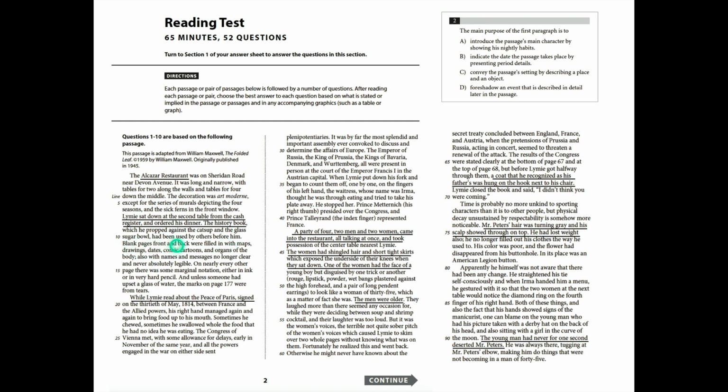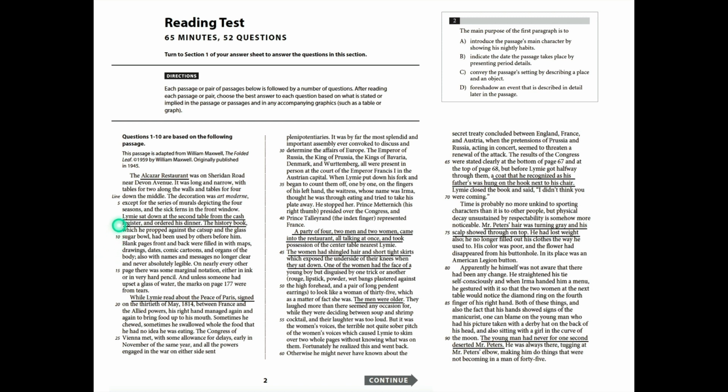"Blank pages front and back were filled with maps, drawings, dates, comic cartoons, organs of the body, and also with names and messages no longer clear and never absolutely legible." So he's basically describing the restaurant, and he's also describing the book that Limey is reading.